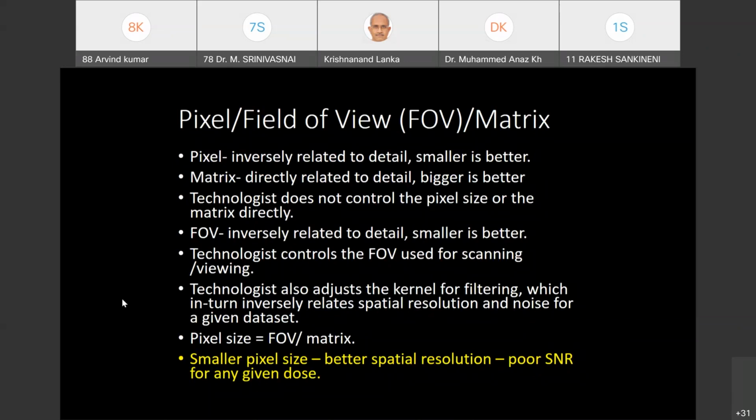Like now, every cell phone is giving a fantastic camera. In fact, your mobile phone uses a lot of these reconstruction algorithms. I don't know whether you are aware of it. It can take care of your hand shakiness.